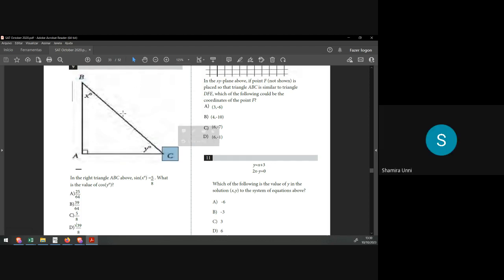And cosine of y is AC too, because cosine is the adjacent leg over the hypotenuse. And tangent is the opposite leg divided by the adjacent leg. And sine is the opposite leg divided by the hypotenuse. Okay, so the answer is C.